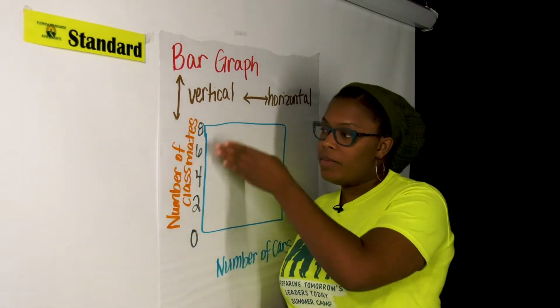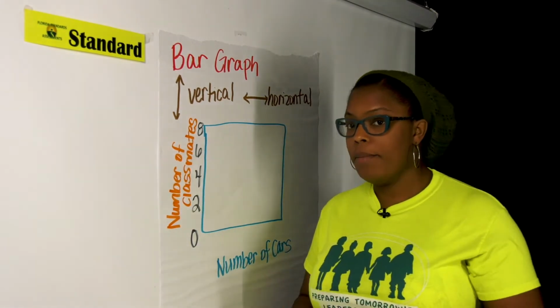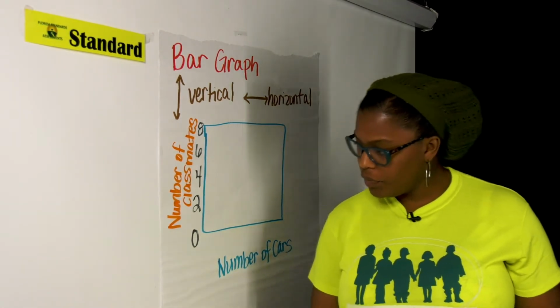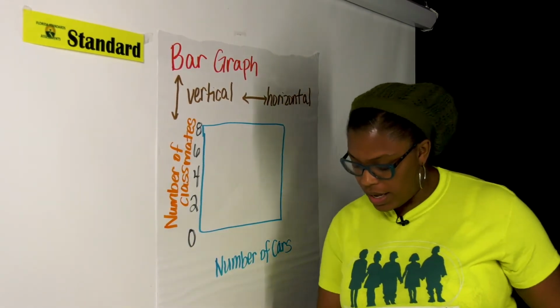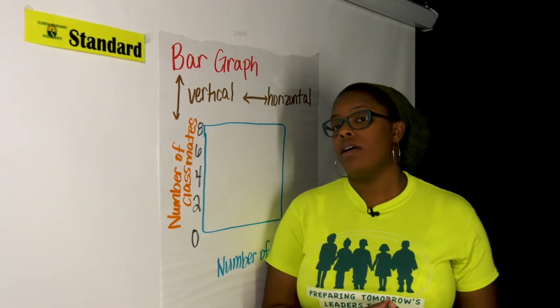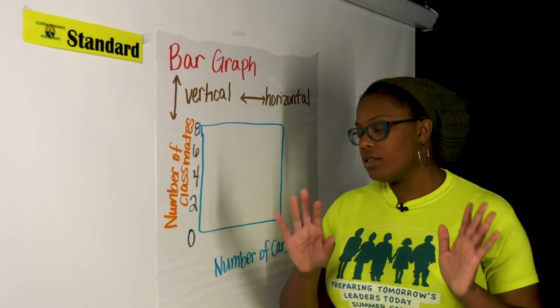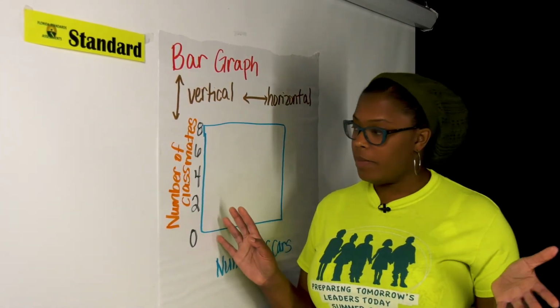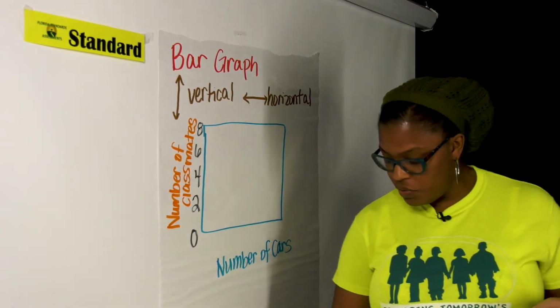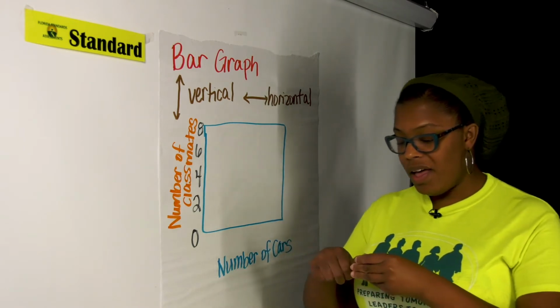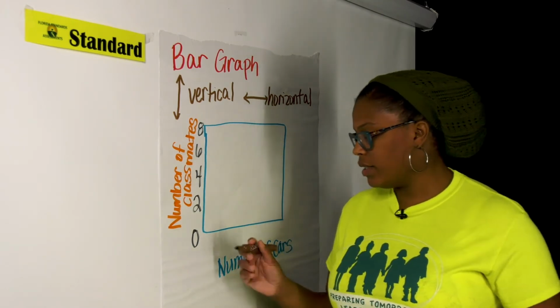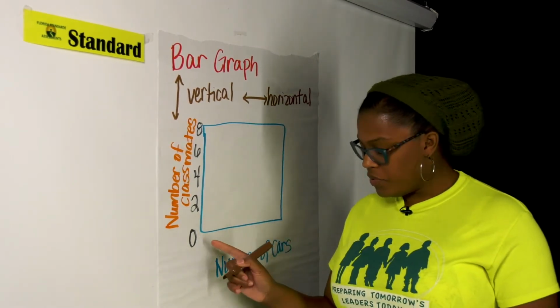Okay, so my number line is increasing by 2s. And let's say 0 of my classmates have 0 cars, so that we would not represent this on the bar graph.